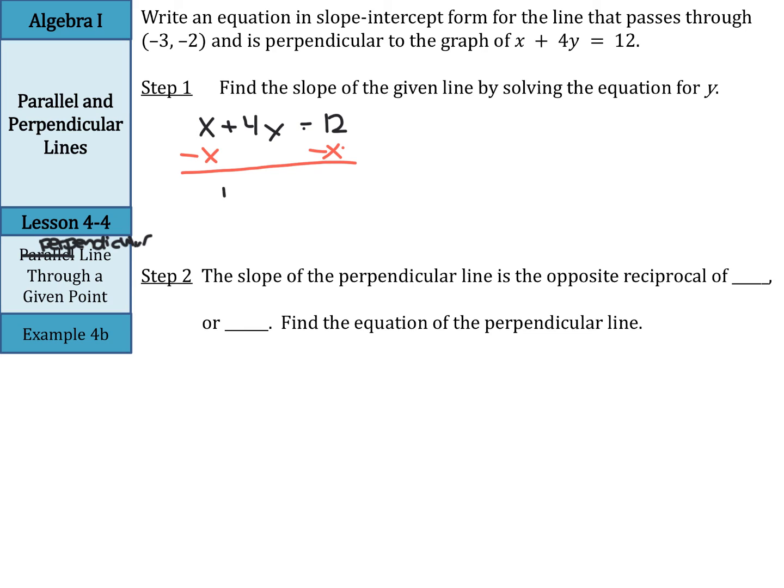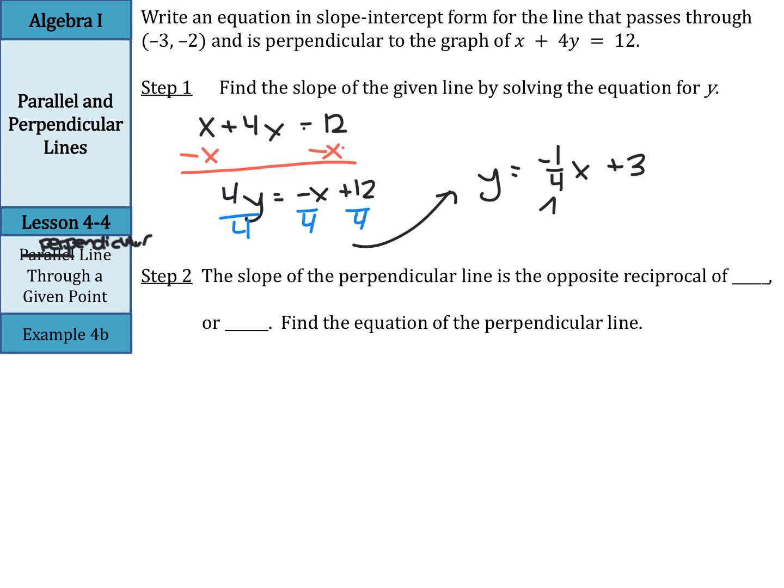We're left with 4y equals negative x plus 12. Divide everything by 4. And what this leaves us with is y equals negative 1/4, as that's a negative 1x, so negative 1/4 x plus 3.